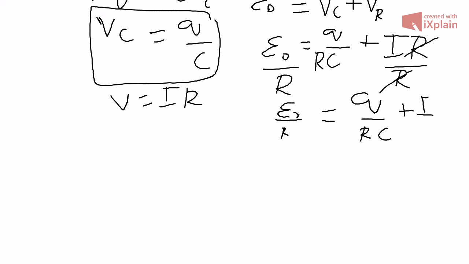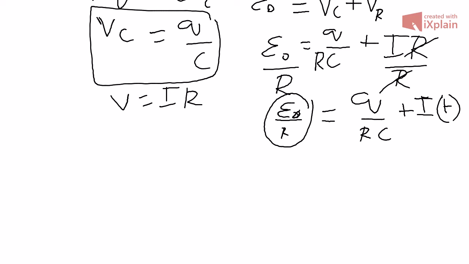Here you can see that this is E naught over R. This is the maximum current that the battery provides, and I is the current at any time across the circuit.